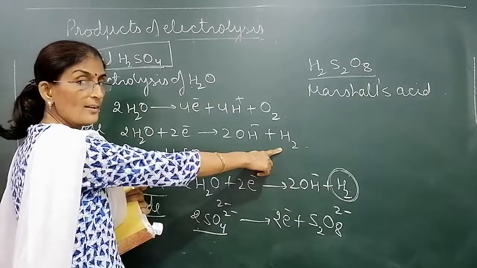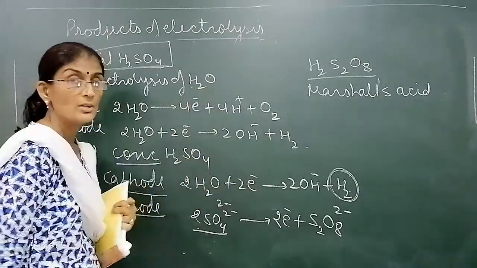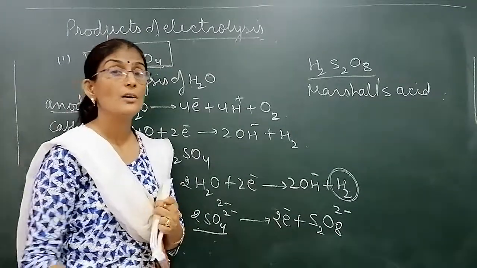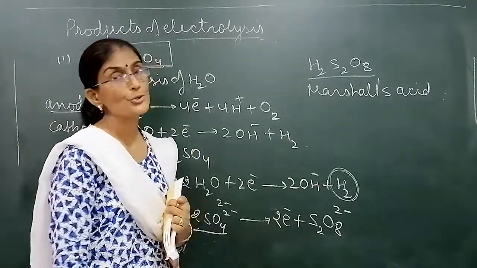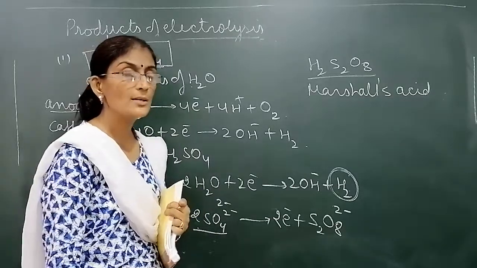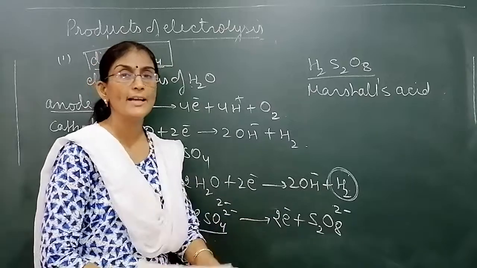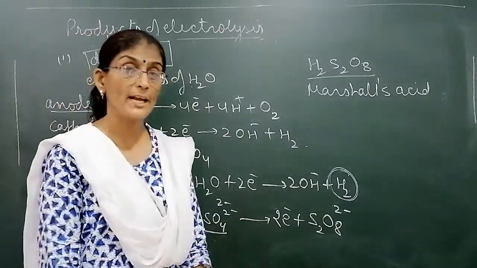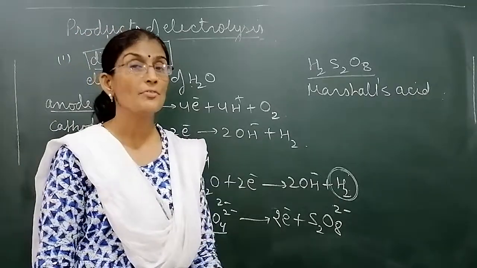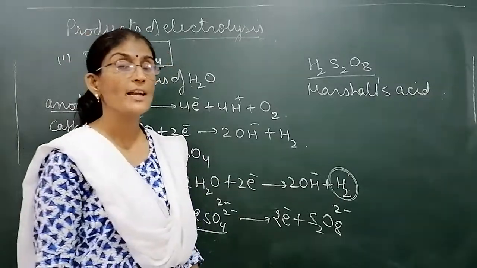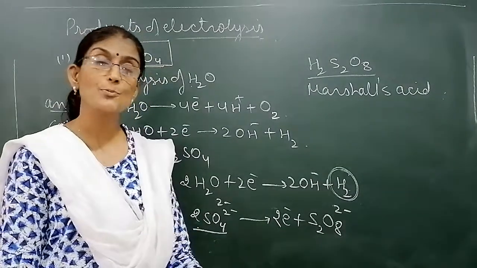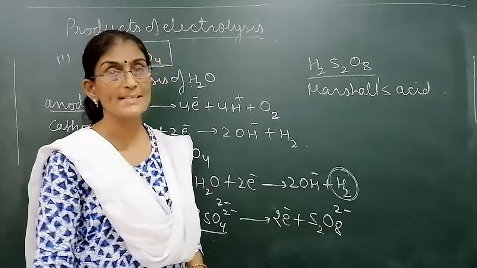Hydrogen is produced at the cathode, but at the anode this S2O8 2 minus is produced, which will further react and give you H2O2 solution. So these are a few reactions you have to remember for calculating the product of electrolysis obtained when different concentrations of solutions are used, or different electrodes are used, or different electrode potentials are there. Then which product will be deposited depends on these 3 factors.